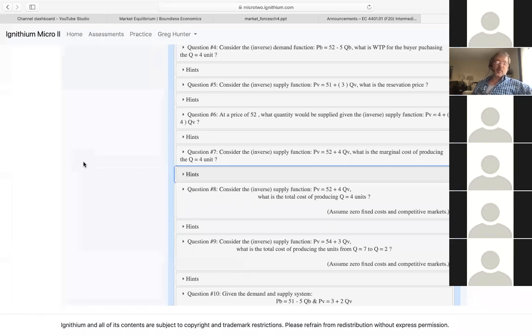But if you guys had remembered back from your principles class, there's something called the shutdown rule, and if you're going to be careful about defining marginal cost in the case of a firm, then it's not exactly its supply function.